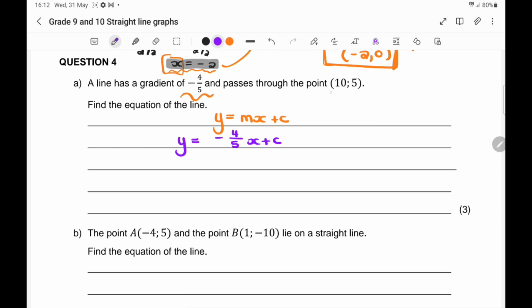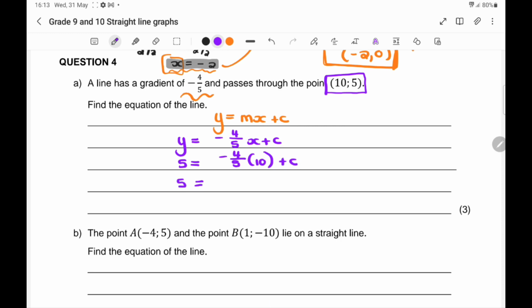And like we did with the previous one, we're going to replace this point where the y is 5 and the x is 10. And then with that, we will be able to find the only missing variable there, which is c. Okay, so 5 equals -4/5 times 10 plus c.